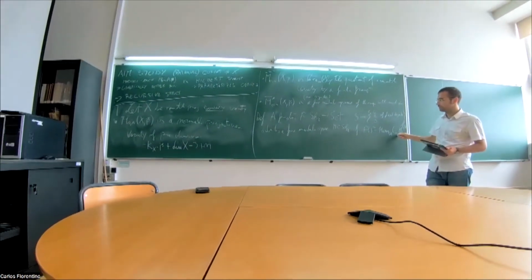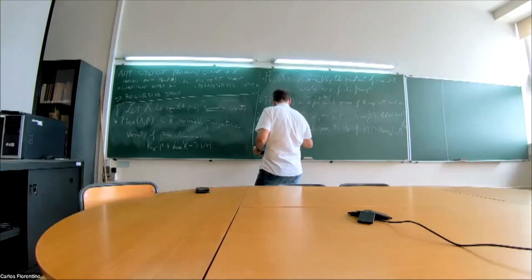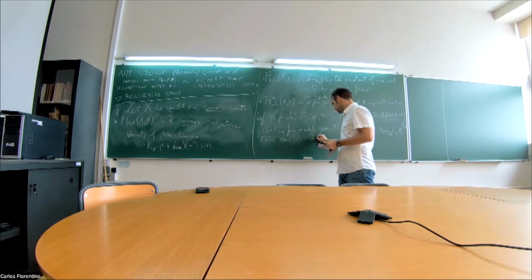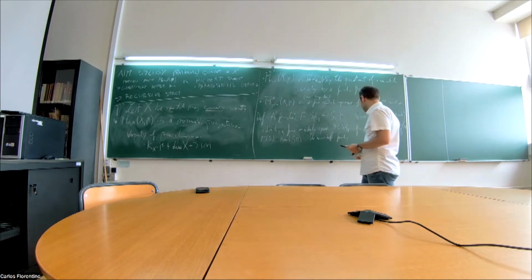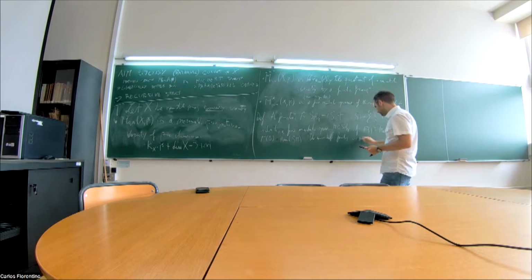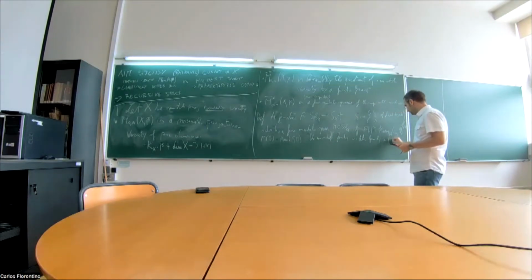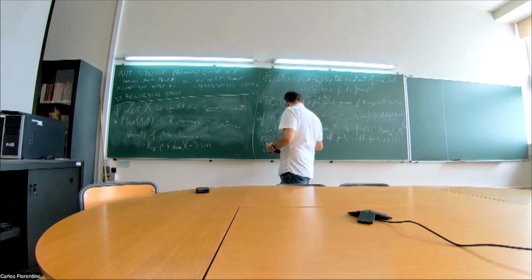So M is a fine moduli space if F of S is equal to the homomorphisms from S to M. The universal family is the family in F(M) associated to the identity of M.